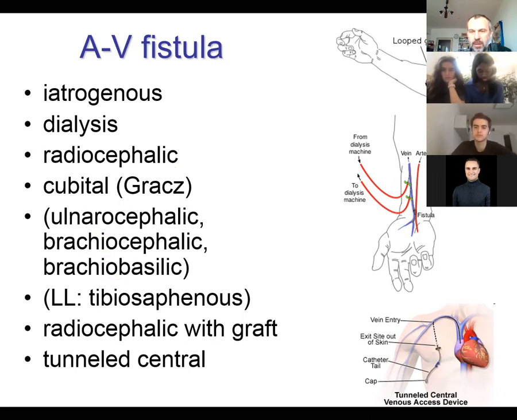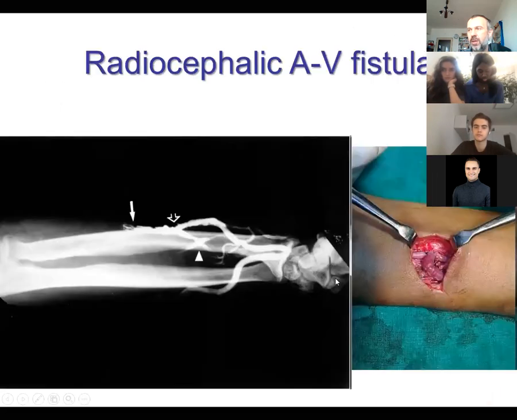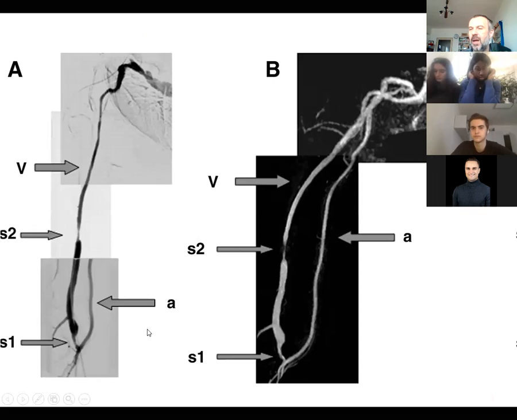So this is another important information. And here you can see how the fistula is shown by angiography. Yeah? And here you can see how the fistula looks when it's performed by surgery. Of course, then the vein, the cephalic vein, suffers from higher blood flow and a higher blood pressure.